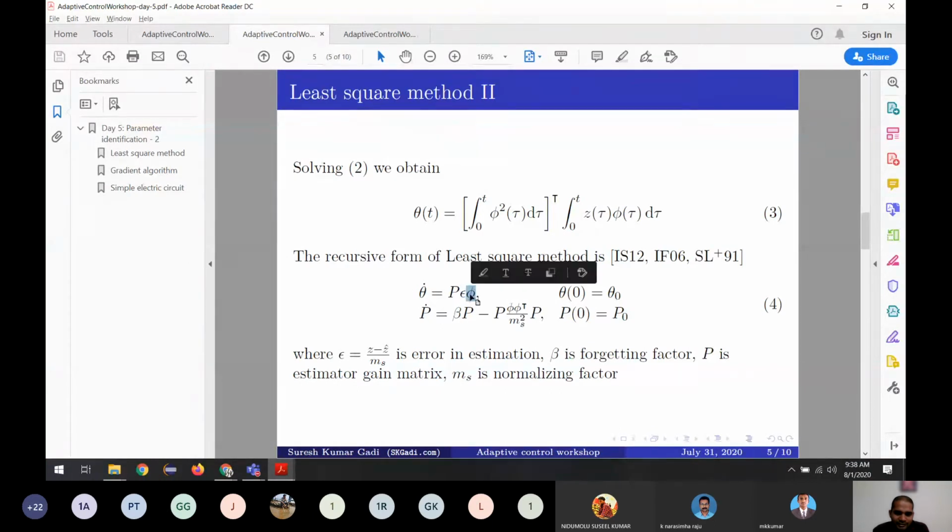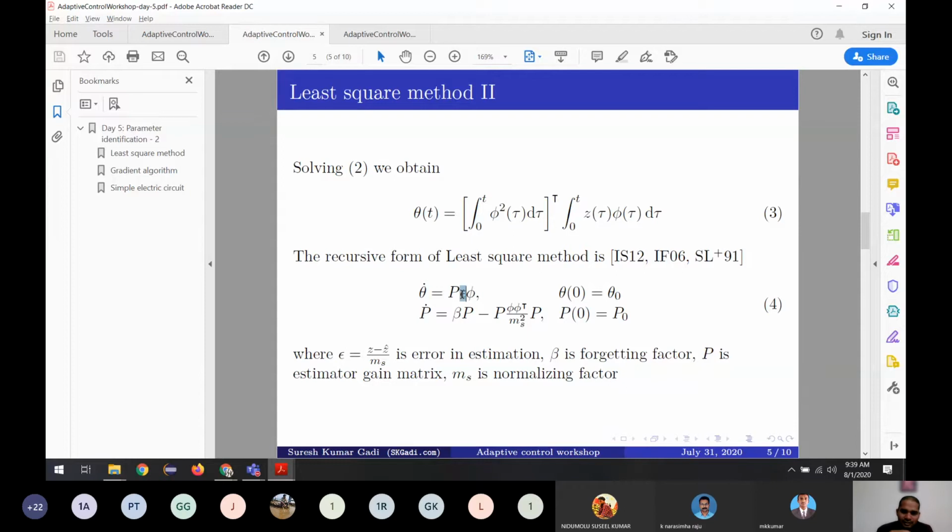Phi is a matrix, and you want to multiply a matrix with a scalar. Sometimes when you are multiplying different matrices, one is considered a 1 by 1 matrix and this is a 2 by 1 matrix, it is not possible.